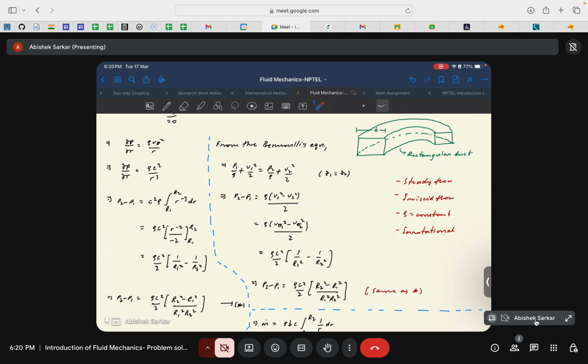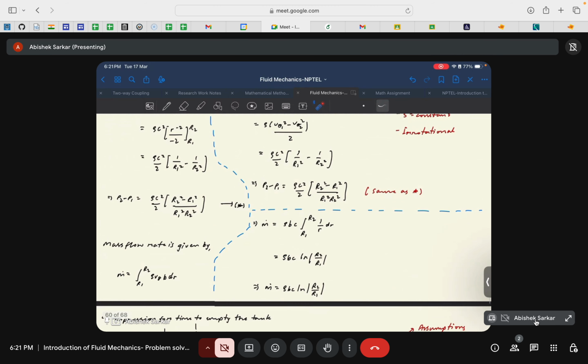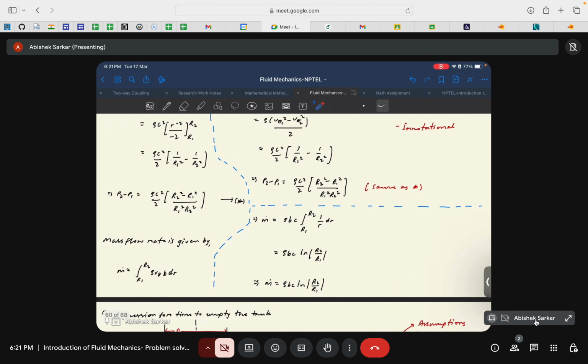But since the velocity is varying in this region, you cannot simply multiply the area with a constant velocity. So velocity is varying in the radial direction, and you need to take the elemental area. If you carry forward this integration, you will get ṁ, the mass flow rate, to be ρbc times the natural log of r2 by r1. So this is your mass flow rate.